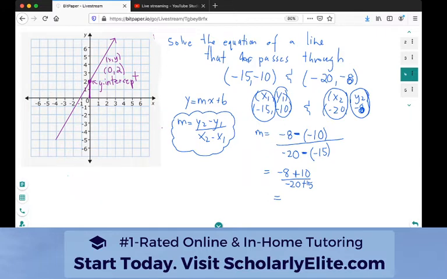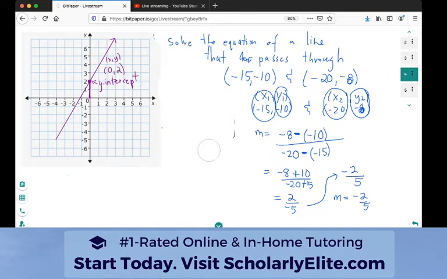So this is going to be positive 2, and this is going to be negative 5, which in actuality is going to be negative 2 over 5, because whenever we write this out, we always want to make sure that the negative is in the numerator, or basically in the middle, and that's going to be our m value. And now that we know the m value, we can actually solve the rest of the equation, aka the intercept, using the information that we have.